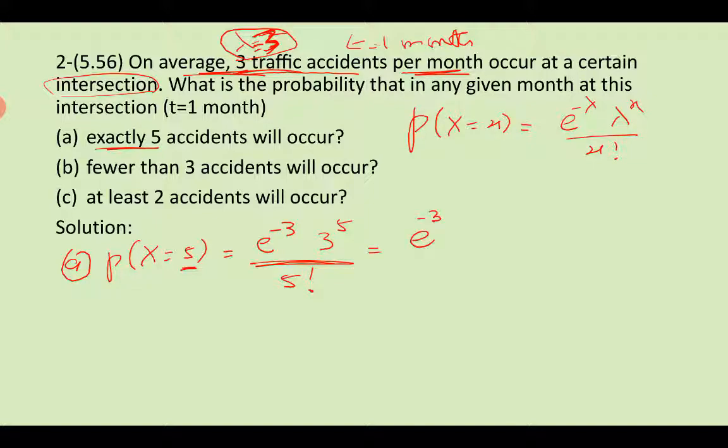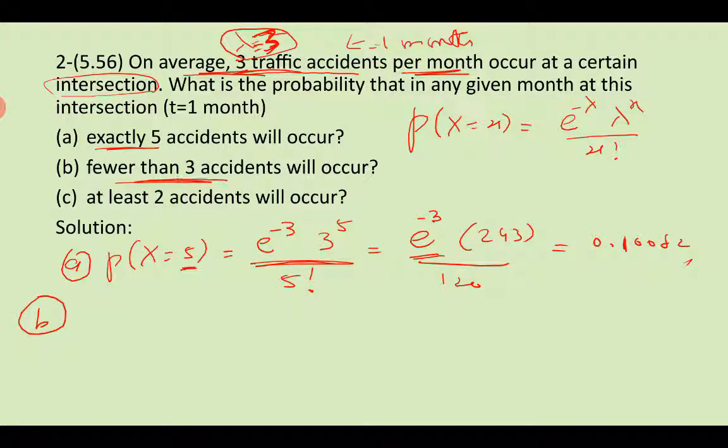So e raised to minus 3 into 3 power 5 is 243 divided by 5 factorial, which is 120. You can simplify to 0.10082. Use the value of e power minus 3 using a calculator to find this.